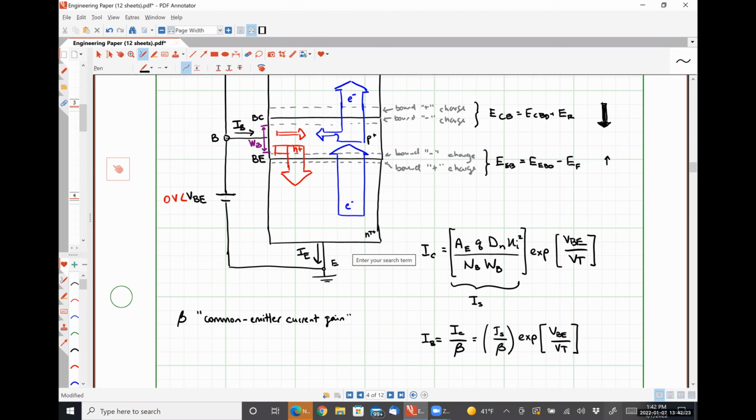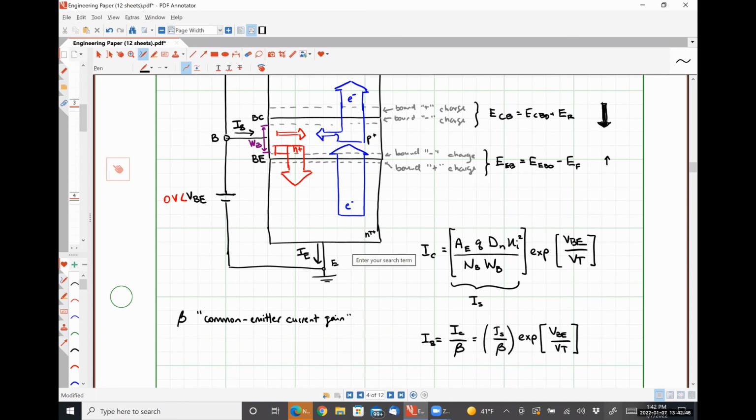So let's talk very, very briefly about what that means. The system that we have described right here would be a common emitter system because the emitter is literally tied to the common terminal, ground. So what beta represents is a very specific view of the operation of a BJT.